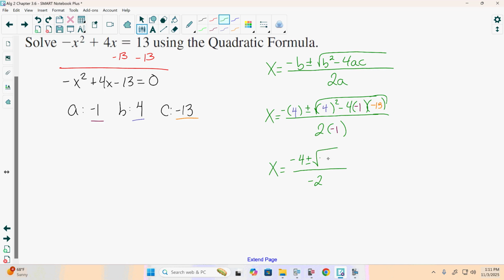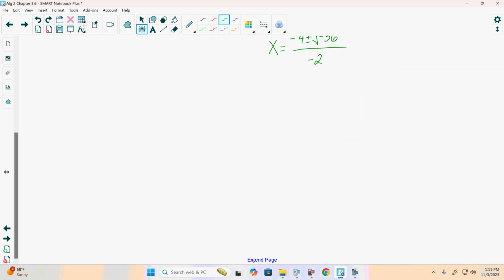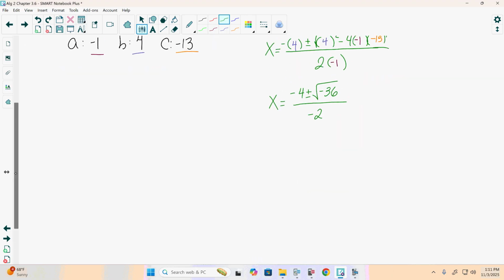Okay, so we have the square root of negative 36. Now, the calculator cannot take the square root of negative 36. We have to do it kind of, it can do part of it, it can't do the whole thing.